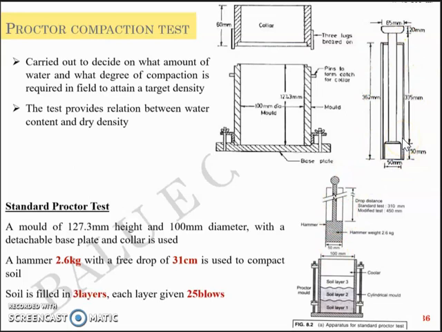The process is by filling the soil in 3 layers and each layer given 25 blows from the hammer. So you have a hammer of 2.6 kilograms falling from 31 centimeter height, and it blows onto the soil 25 blows for 1 layer, and you have 3 layers to make up to the 12.7 centimeter height.